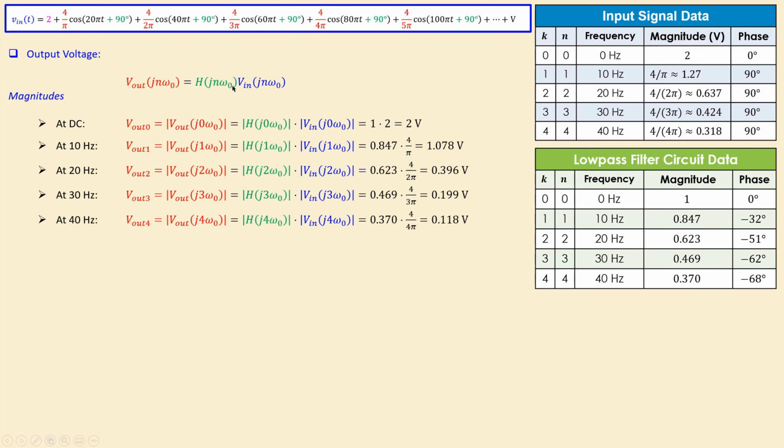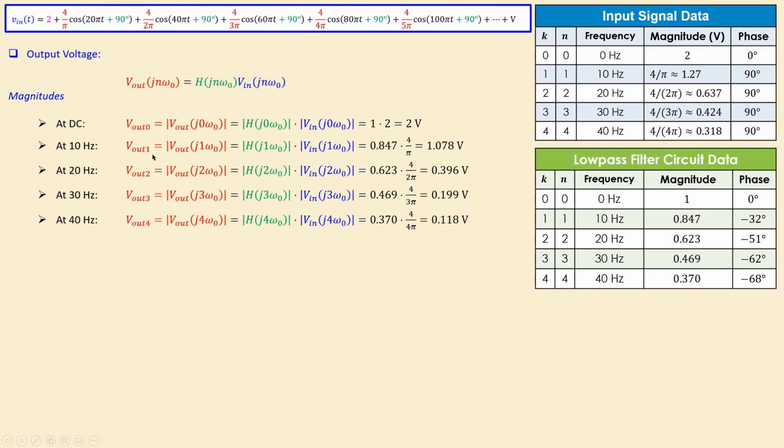The DC value of my low pass filter was 1. The DC value of my input signal was 2, which is shown here for NS0. That means 1 times 2 will be 2 volts. So I know the DC value of my output signal will be 2 volts. That's actually the first entry here. So we will generate the table also for the Vout shortly.